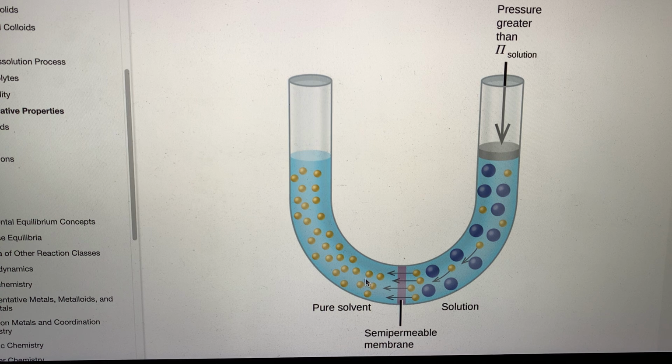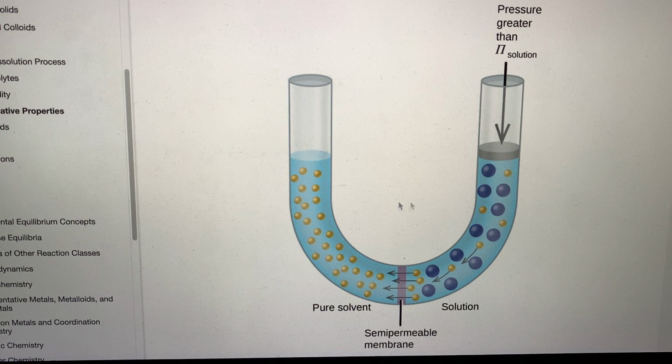So that's the pressure that moves the solvent across the semi-permeable membrane, and that's because of the solutions. If both sides have the same concentrations, then there's no movement. And here, obviously, on the left side you have zero concentration of solute, and on the right side you have some solute.